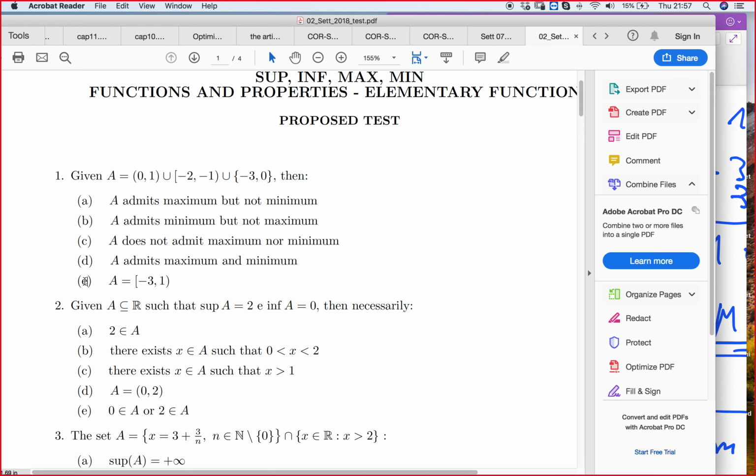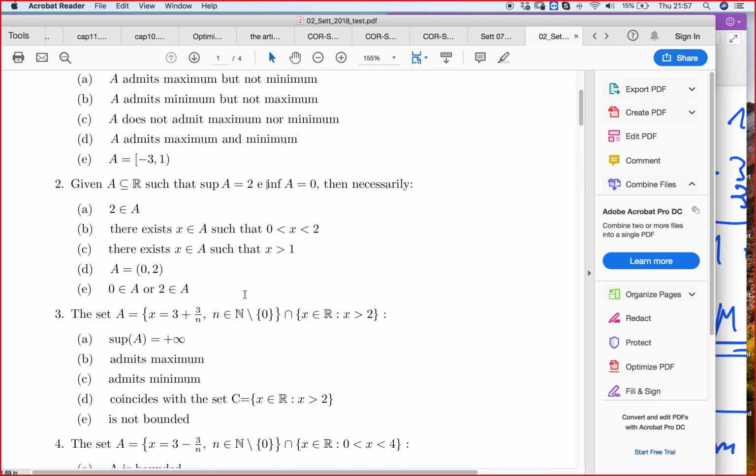So E is false because they are saying that A is all this interval, but A is not all this interval. Okay.